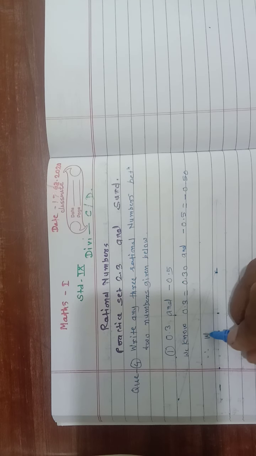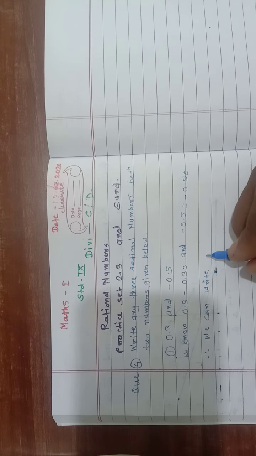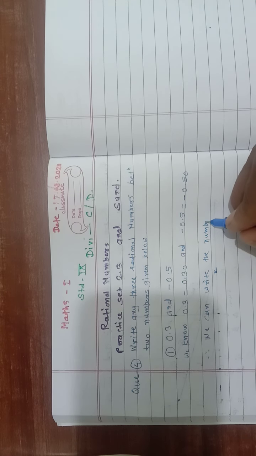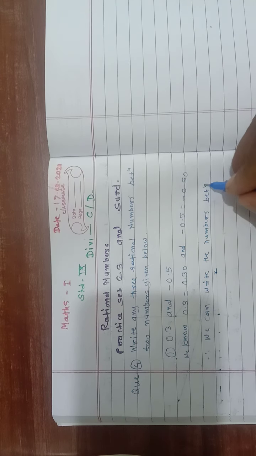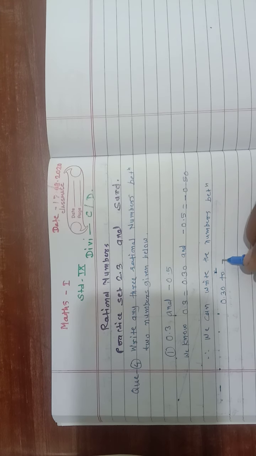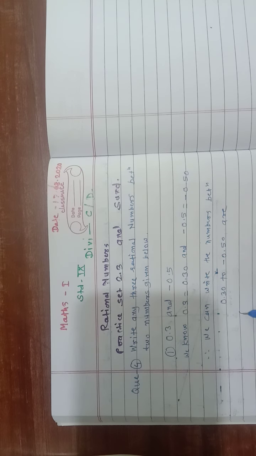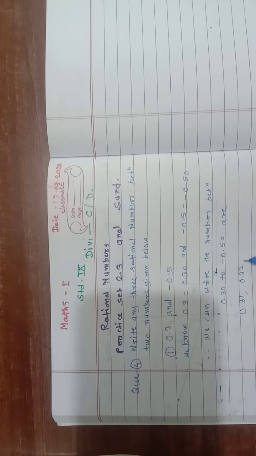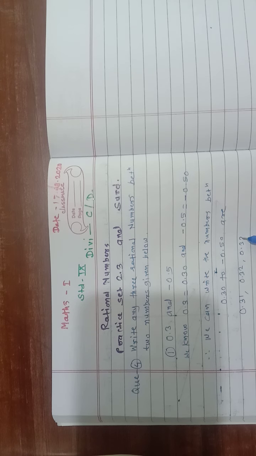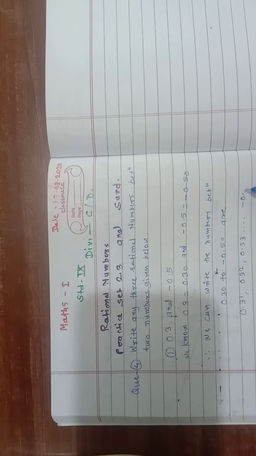Therefore, we can write the numbers between 0.30 and minus 0.50 are 0.31, 0.32, 0.33, etc. to minus 0.49.